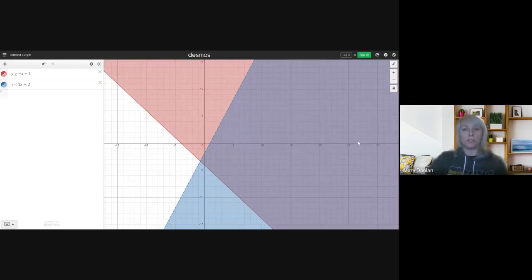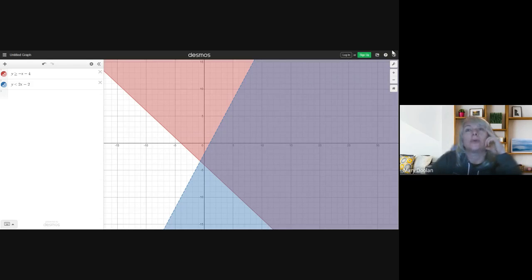Any point in the purple is a solution to the system. Any point in the red or the white or the blue only is not a solution. The only place I can find solutions is in the overlap, so I have to find a point in this purple area.